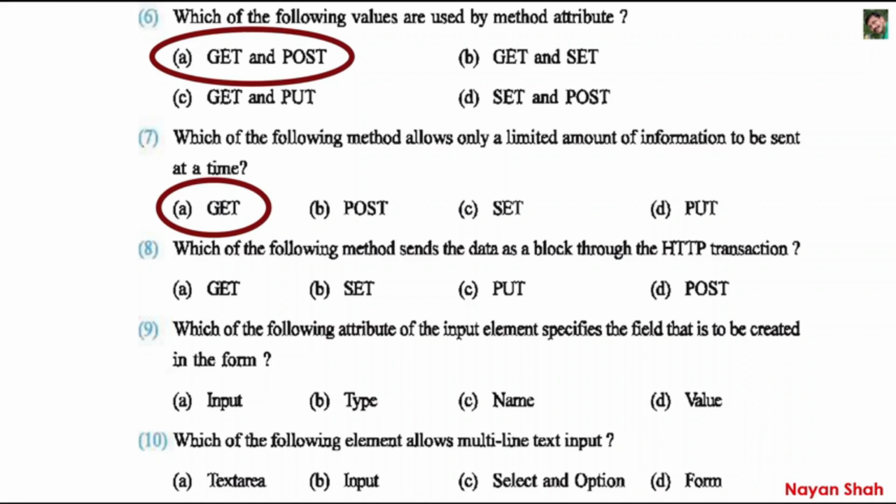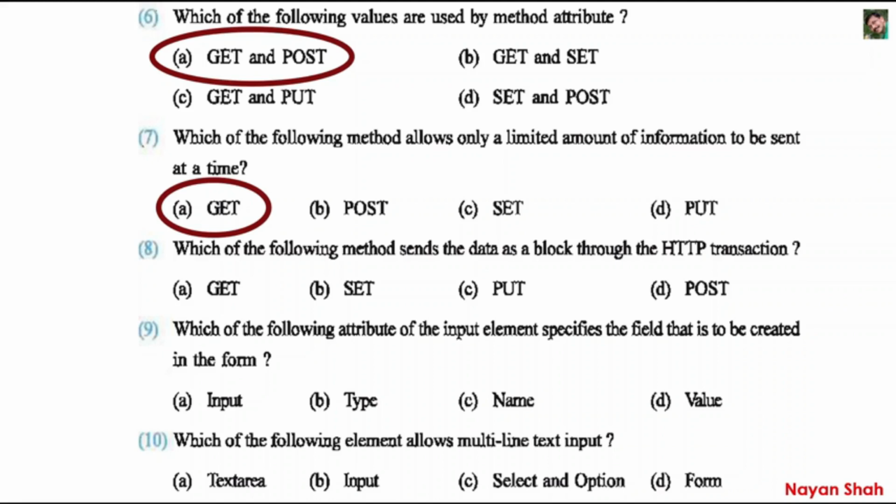So because it is attached to the URL, we can send only a very limited amount of information, whereas post collects all the data and makes a file. So there is no limitation on how much data can be sent. So the correct answer is get, which is the default value of the method attribute.